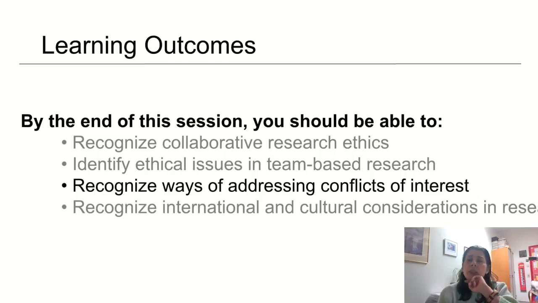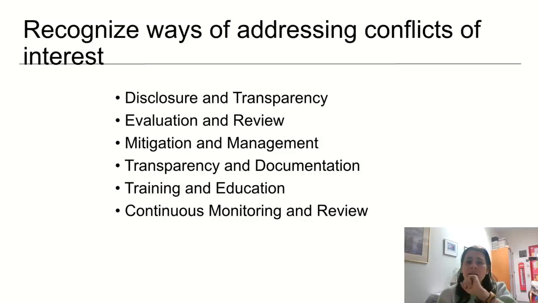Conflict of interest is a very important theme in your research, so I would like to stress this aspect. It's very important that all the members of your team, and also your collaborators if you collaborate internationally or between institutions, disclose and are transparent about their conflicts of interest.